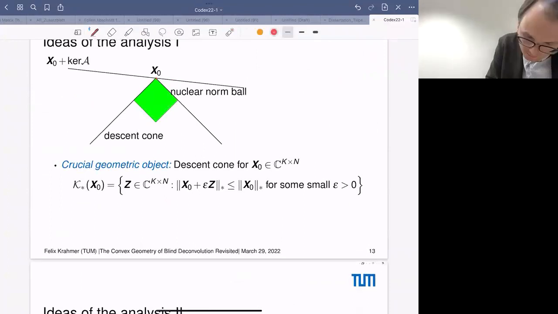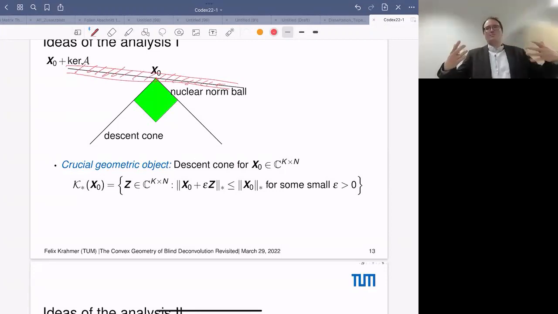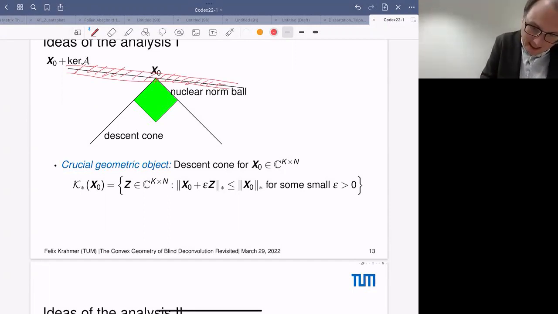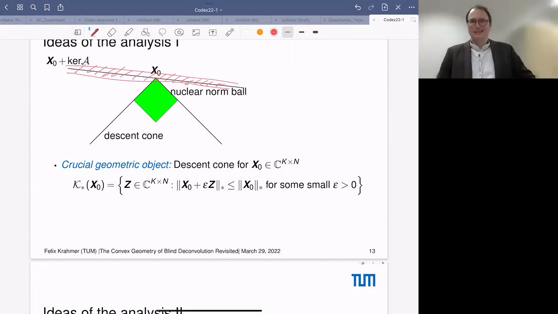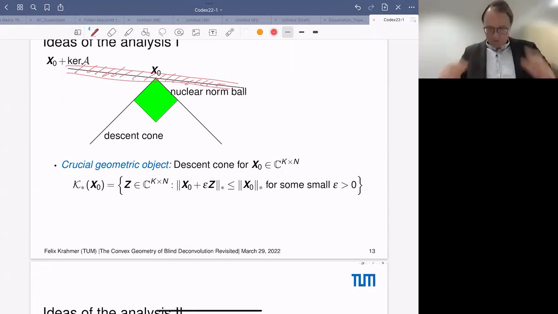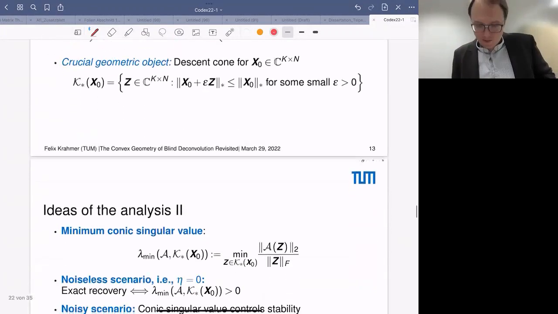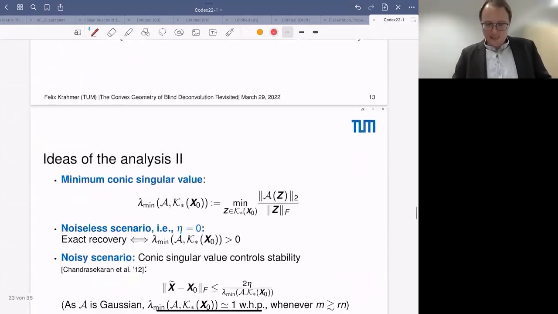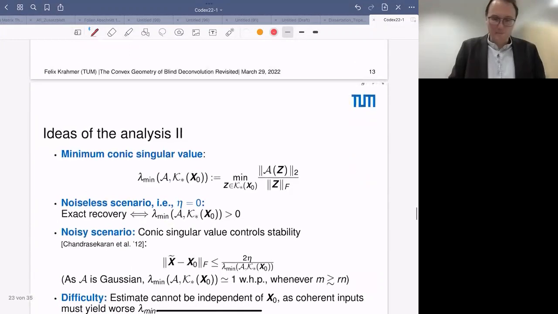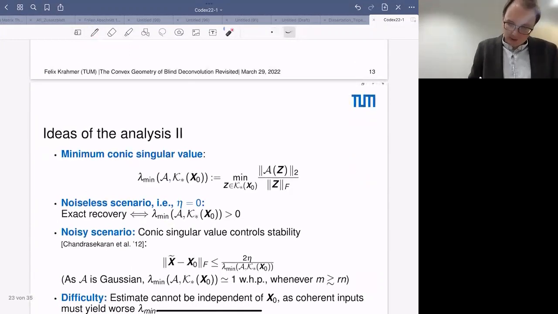Now this is true for the equality constraint. If you are operating with noise, you have to have a little tube around the space, because you don't need to match the measurements exactly, but only something close by. And then the question becomes, how much does this tube intersect this descent cone of directions in which the nuclear norm decreases? This is captured by the so-called minimum conic singular value, which is defined like this.